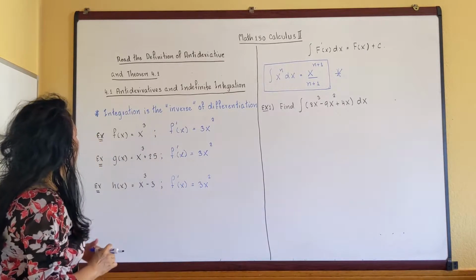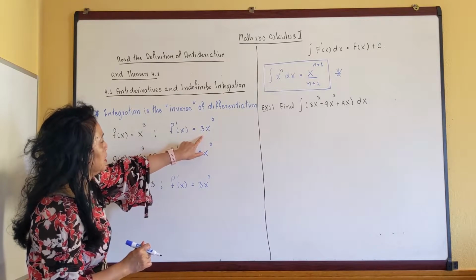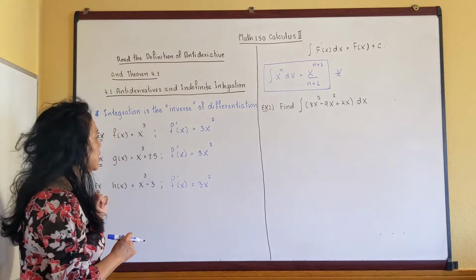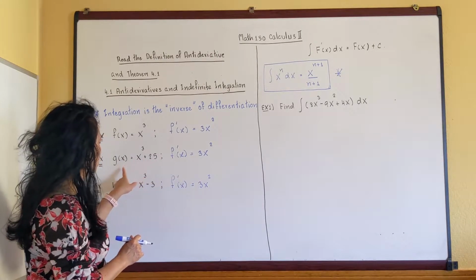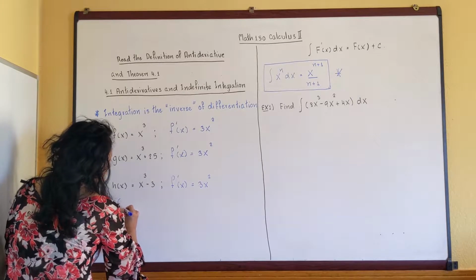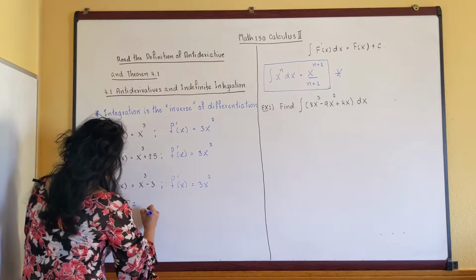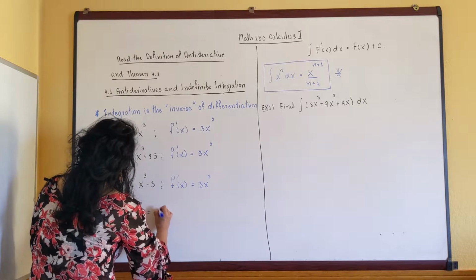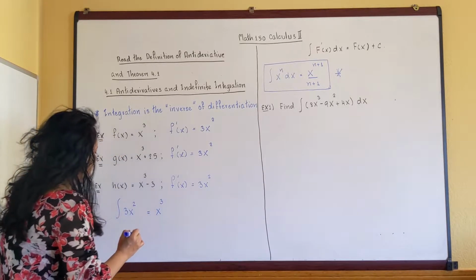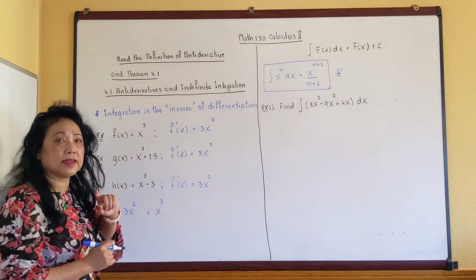Alright, so the reverse of this, if I take an integral of this, I should get this back. So basically, I take an integral of 3x squared, I should have x to the cube back. But I also have a constant, because the derivative of a constant is 0.